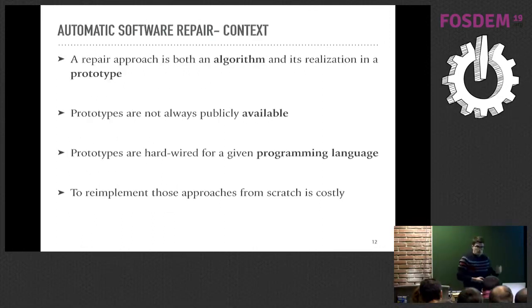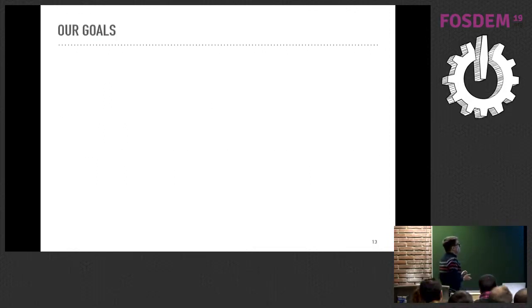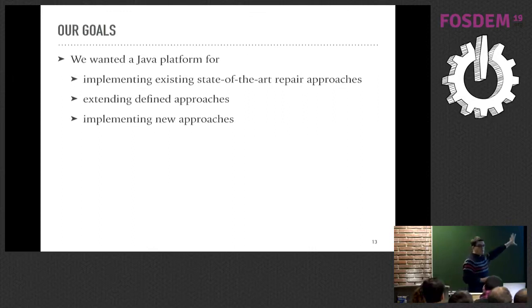But the problem was that those approaches were presented in academia, and the prototypes, the source code, were not always available. Or in some cases, they were available, but only for given languages. So our idea was to create a platform for Java, that means written in Java and for repairing Java code.